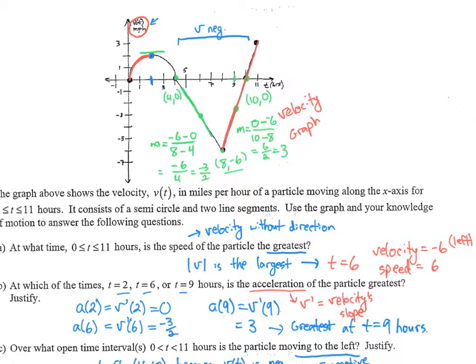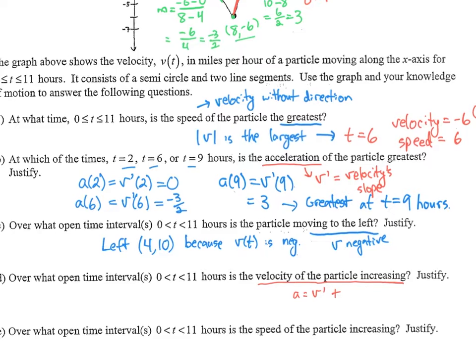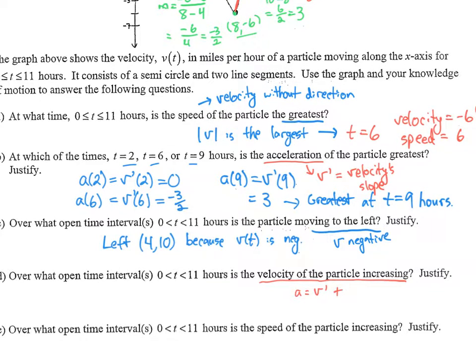So it looks like I've got 2 time intervals there. One from 0 to 2, and one from 8 to 11. Those are my time intervals where velocity is increasing, or where acceleration is positive. So what I'm going to say is 0 to 2, and then 8 to 11 was, I believe, what the other one was.